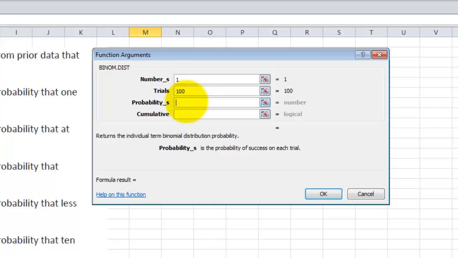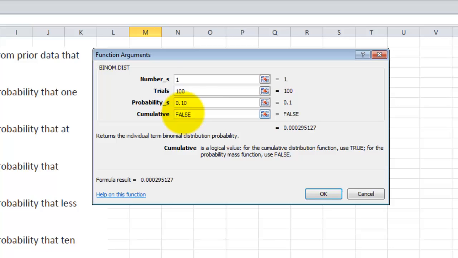The probability of success is given by 10%, so we will enter 10%. Then for the cumulative value, we will set it to false because we want to calculate exactly the probability that x equal 1. Now, the return value will be 0.000295127. This is the answer.